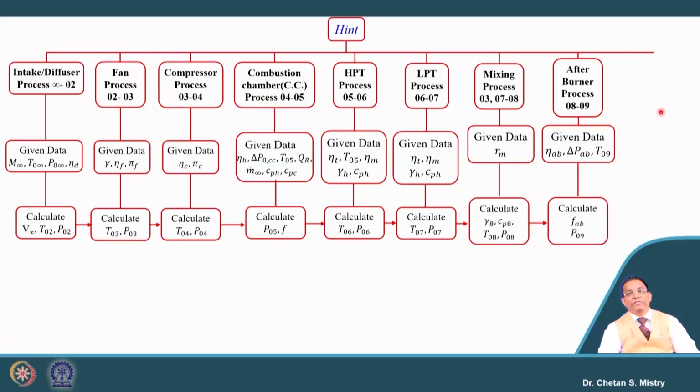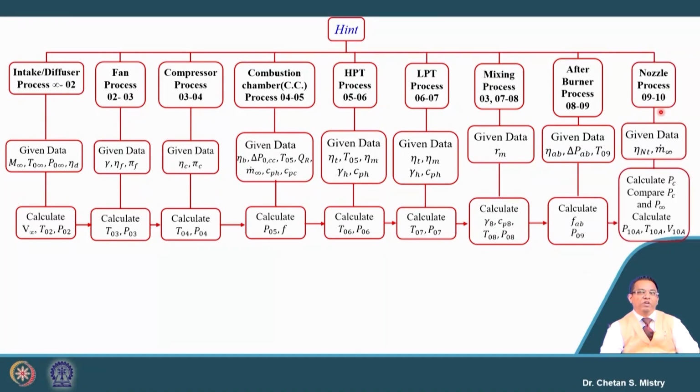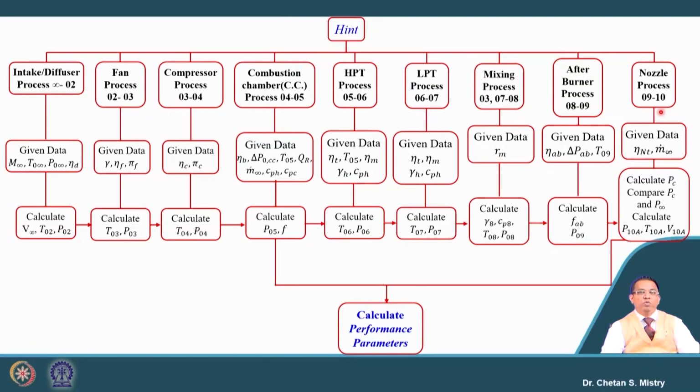Based on that we can calculate the fuel-air ratio for the afterburner and the exit pressure from this afterburner, which will be connected with the nozzle. For the nozzle, again we can do our calculation for critical pressure. Based on that we can calculate the static pressure, static temperature and exit velocity, and from there we are able to calculate the performance parameters.